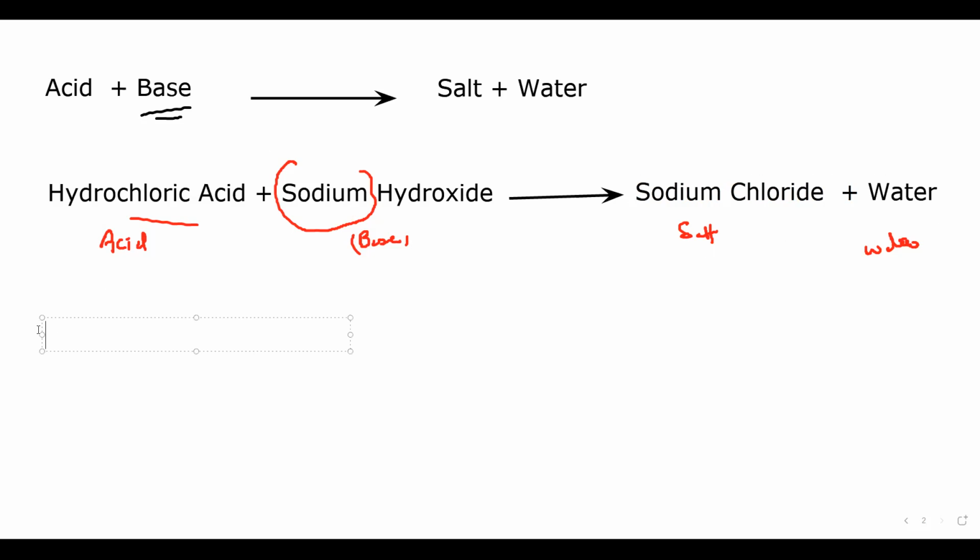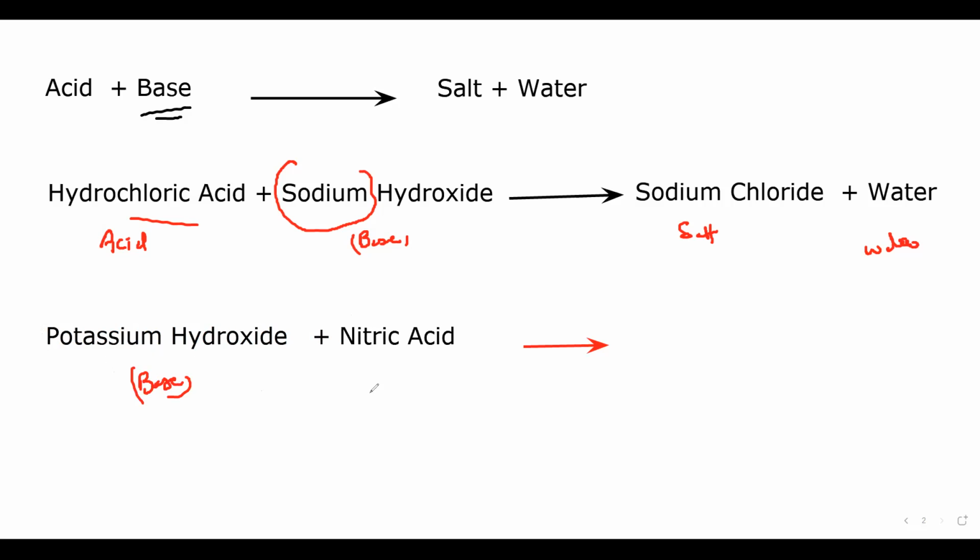So if we have an example, potassium hydroxide, and that is reacting with nitric acid. So potassium hydroxide plus nitric acid. Potassium hydroxide is a base. We can change the order, that does not make a difference to the product.